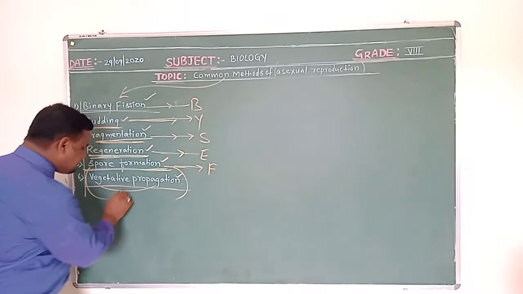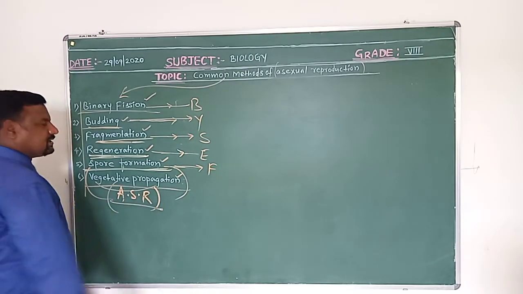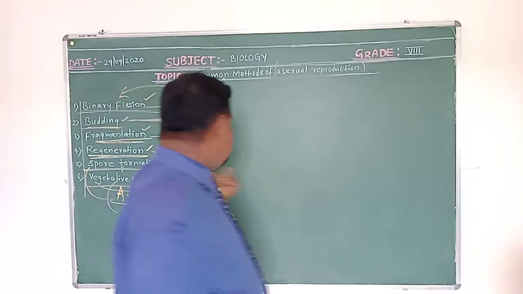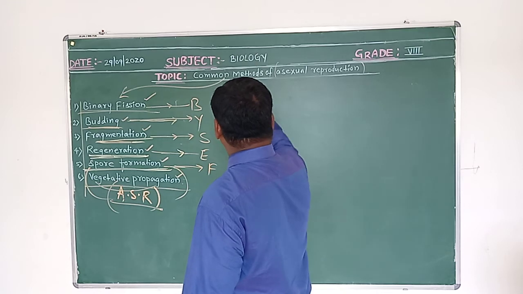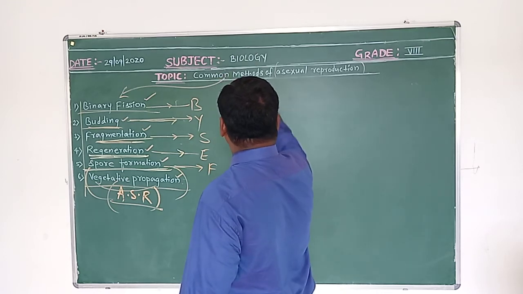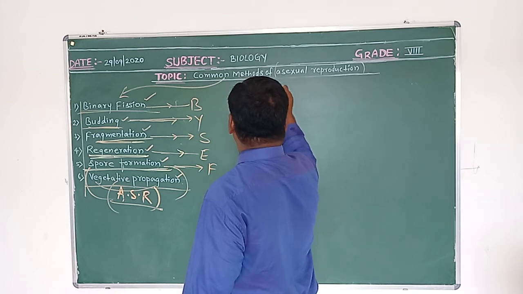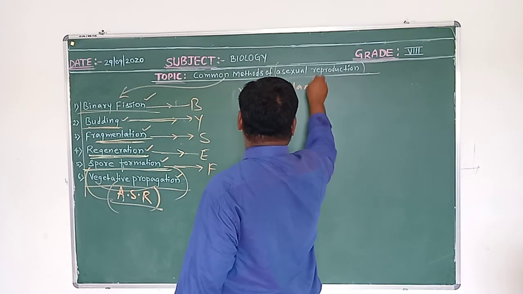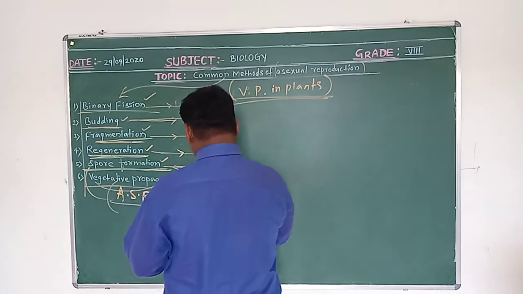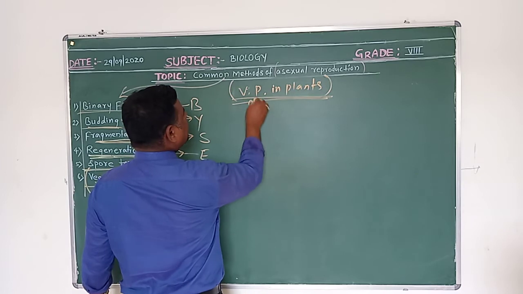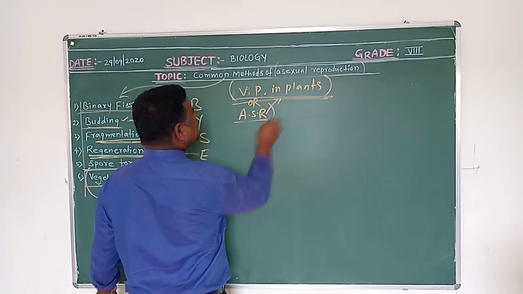What can we call it? Asexual reproduction, vegetative propagation. Who performs it? Plants. So we can say vegetative propagation in plants, or asexual reproduction in plants.